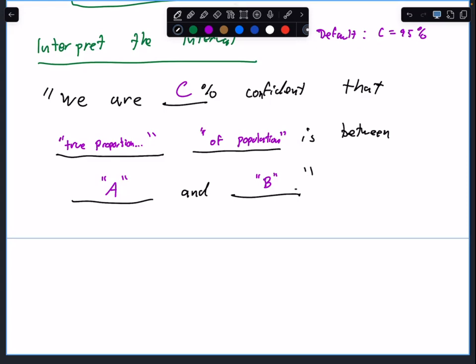Now, in yesterday's homework, we were talking about samples, the average GPA of students at that high school.